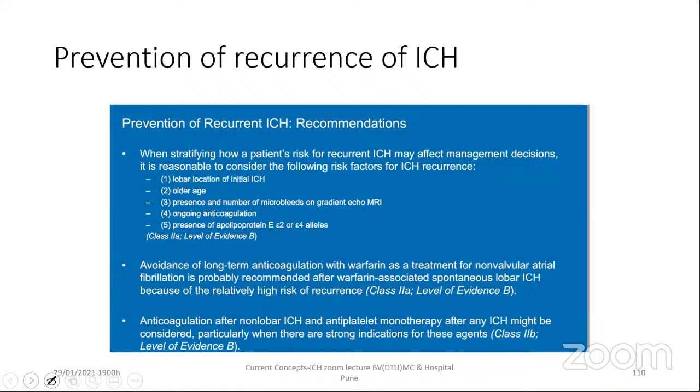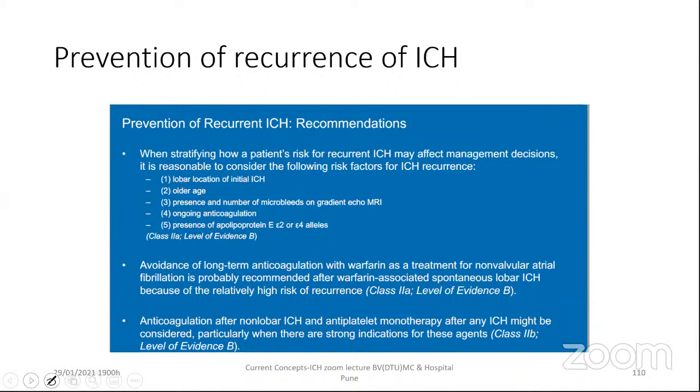Prevention of recurrence of ICH: long-term anticoagulation with warfarin as a treatment for nonvalvular atrial fibrillation is probably recommended after warfarin-associated spontaneous ICH because of the relatively high risk of recurrence. Only there do we tend to use it.